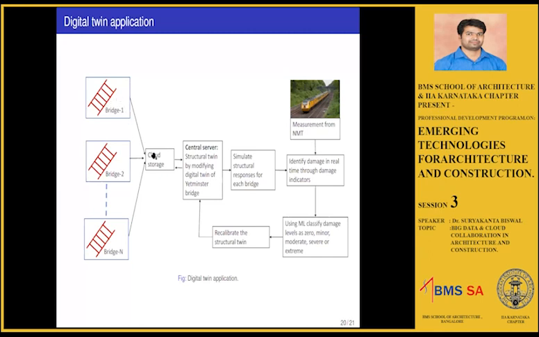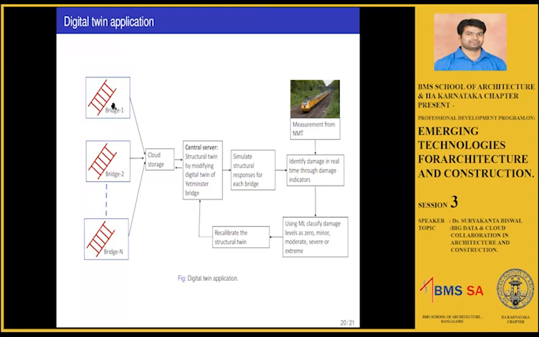Those data will be stored in the cloud, and in the center server, we'll have the asset engineers or the health monitoring engineers. They will create an FE model or a structure twin for each bridge. The structure twin will be calibrated based on the measurement.